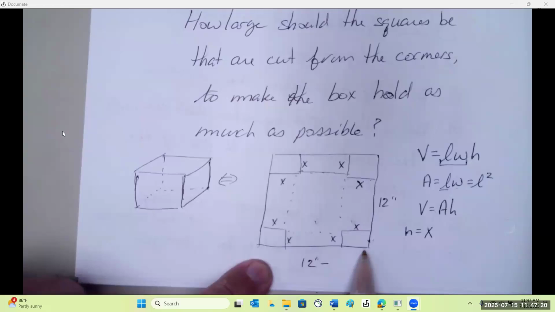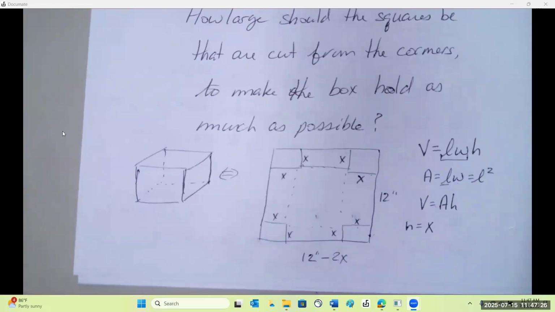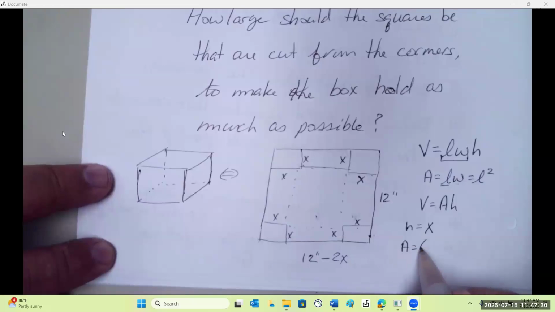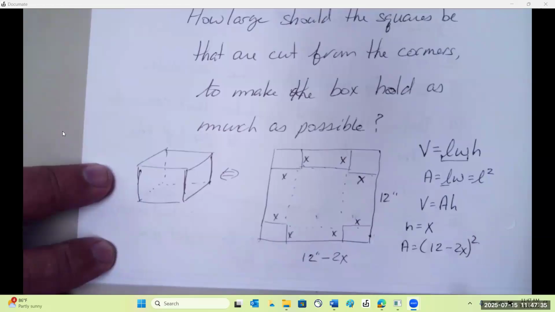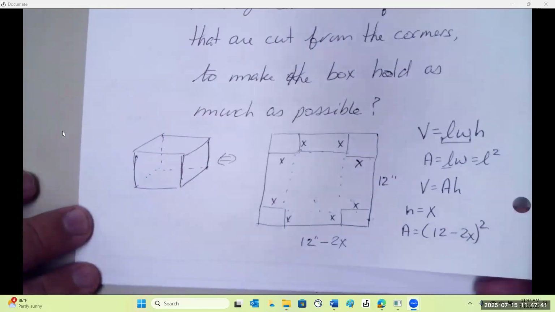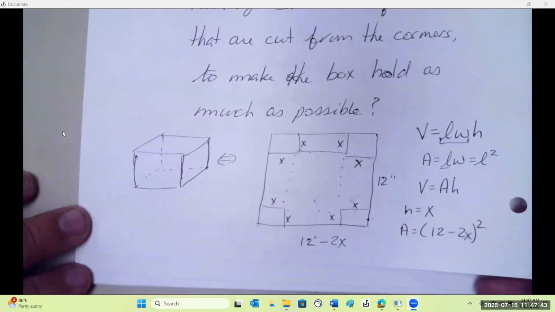We have to cut how much? x and x. So we have to cut 2x from both sides. So the area is 12 minus 2x, squared. So far, so good.